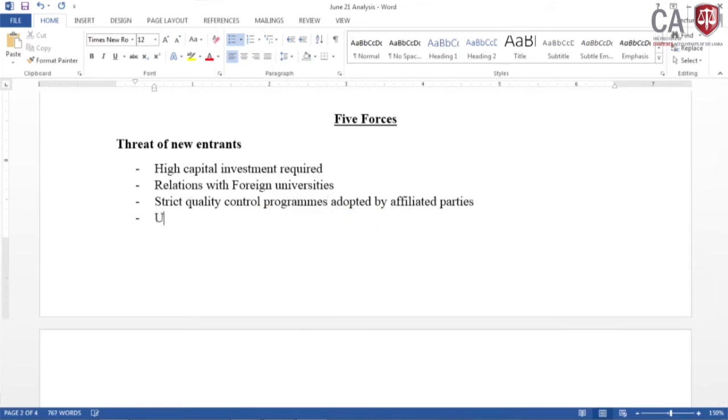Then UGC control. So, there are some barriers to entry actually.